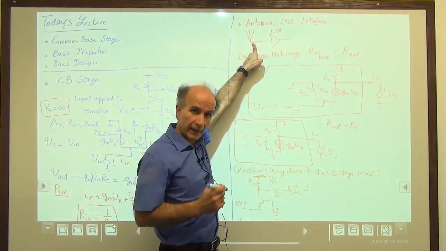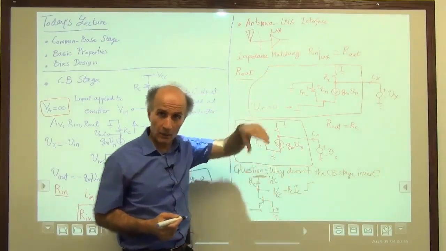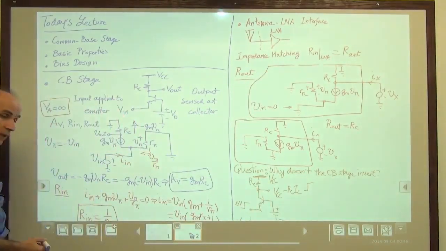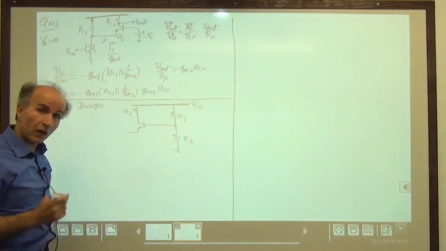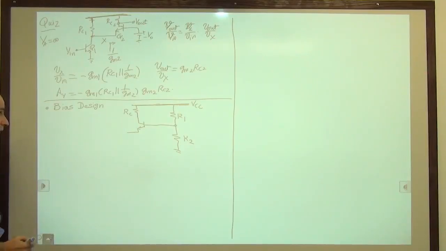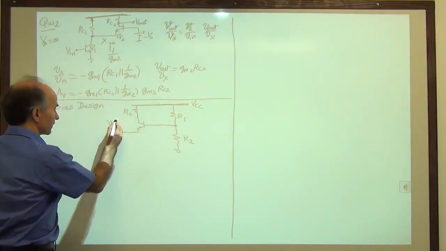So let's go ahead and connect an antenna to the input of the common base stage and see what happens. Again, we are only concerned with the bias conditions, not with the signal. But something strange may happen when we try to connect an antenna. So here, I will connect an antenna here.